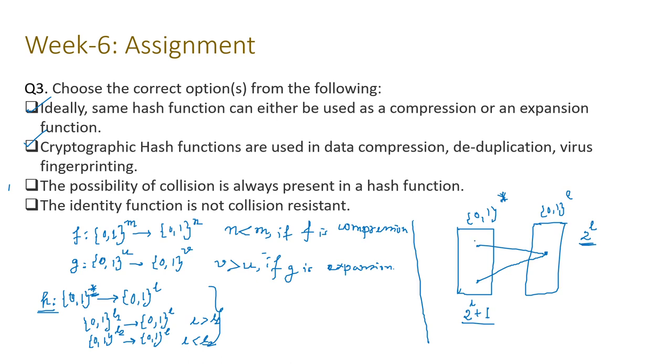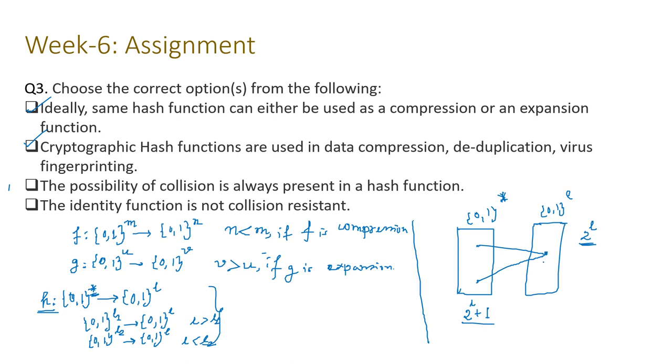In the worst case, with 2 to the power L different input queries, you get 2 to the power L different output values. But whenever you query one extra input, there has to be a collision.